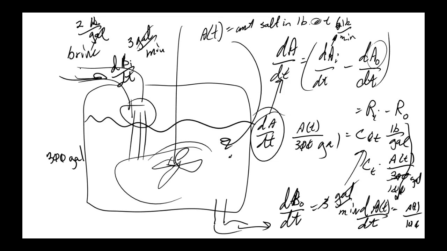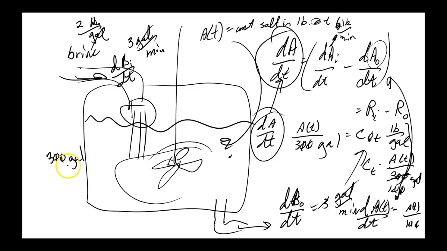So, the net rate, and I'm running out of room to write because I've taken up so much room. As we said here, this is what we're looking for. The difference between these. This is your rate out. This is your rate in.